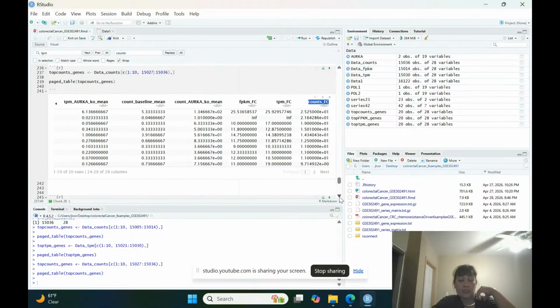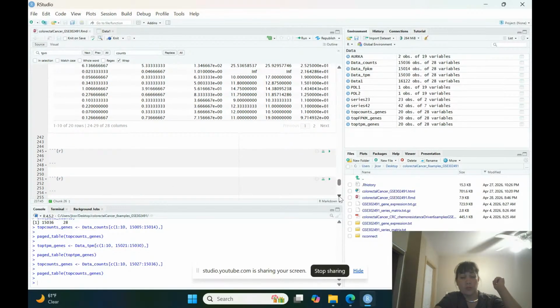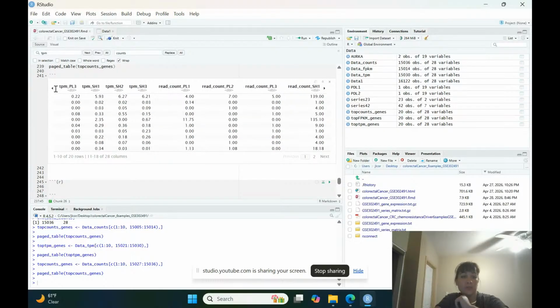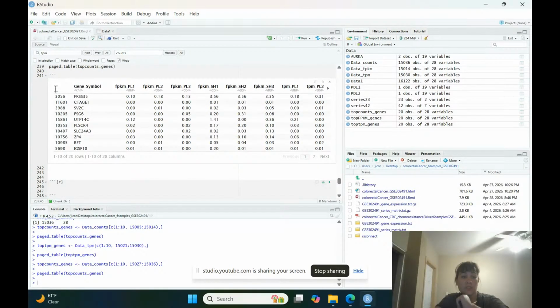So we'll go ahead and look at the data for those top genes. So we have them right here. We can actually merge, we can combine them and get the top genes, or we could just look at the top genes.